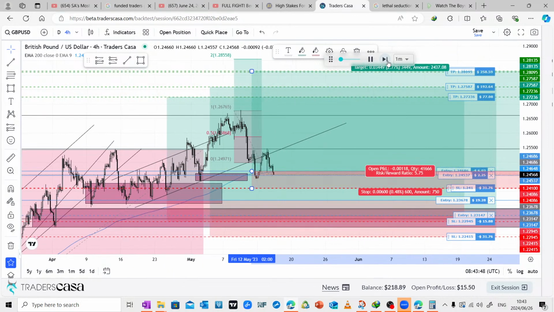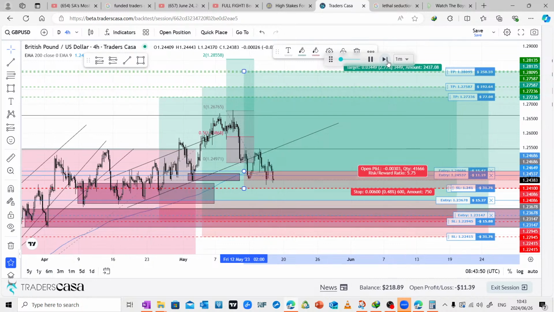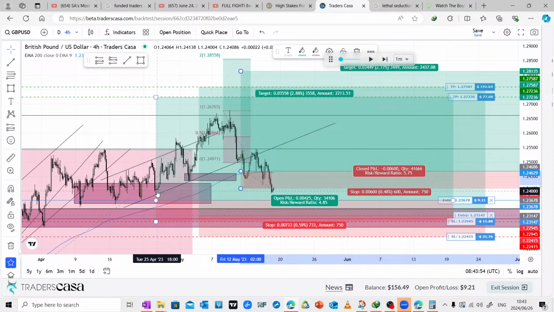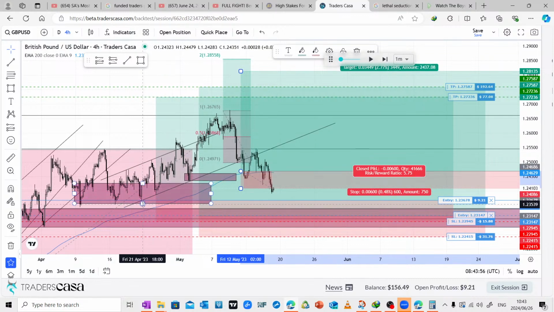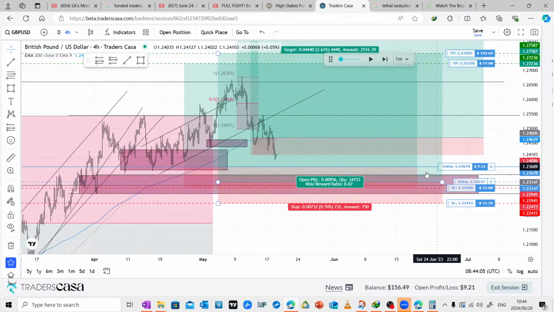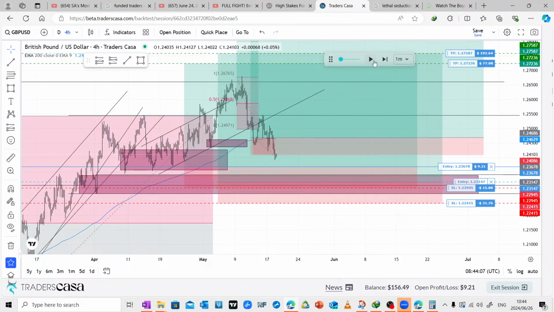No, we're not tagged out. Still in, not tagged out as yet. Boom, got tagged out. So it's sweeping the sell side that's resting there. And then it's gonna feed into that old time order that we had here, this entry.